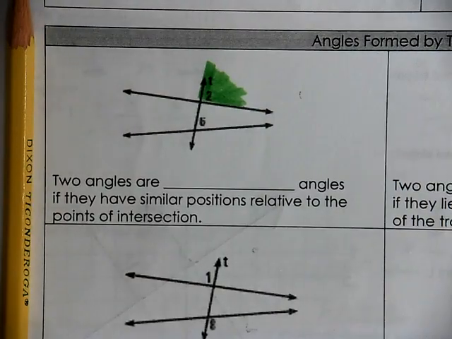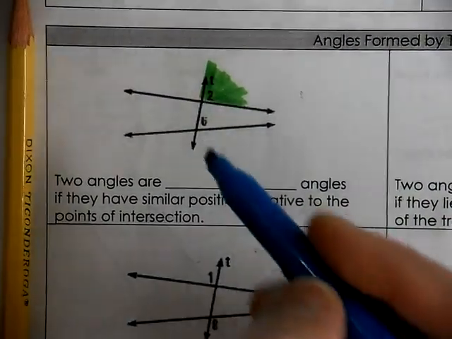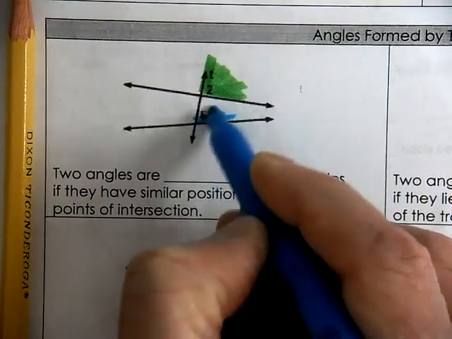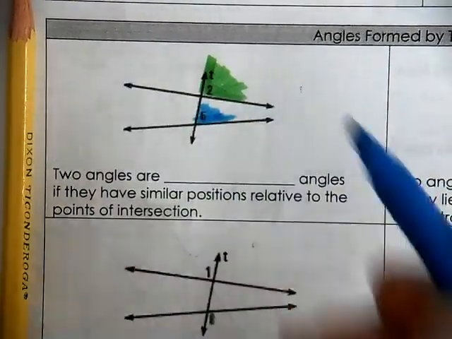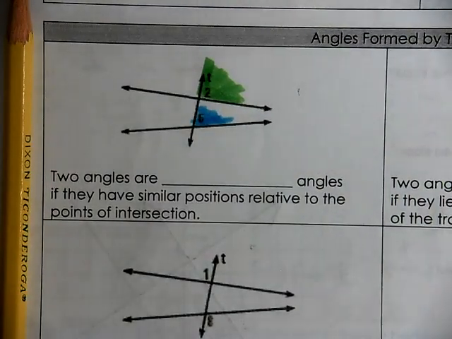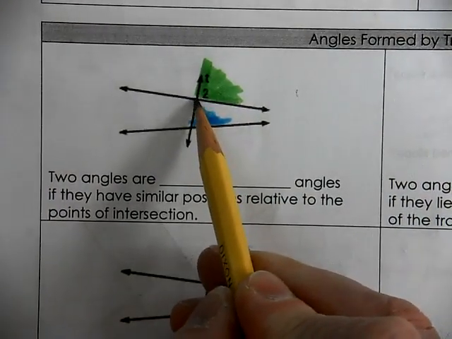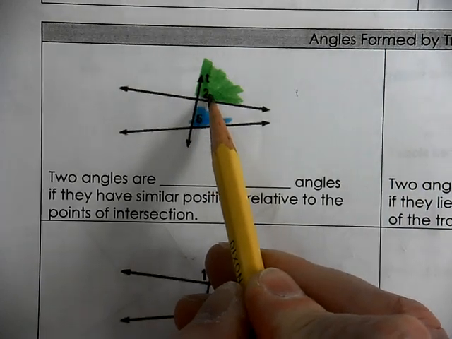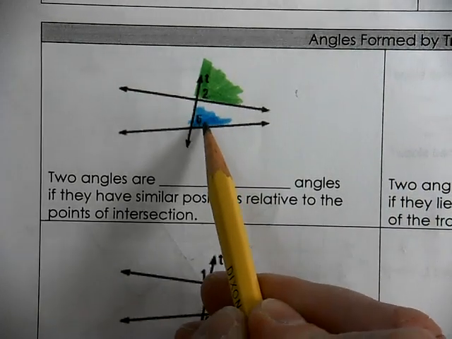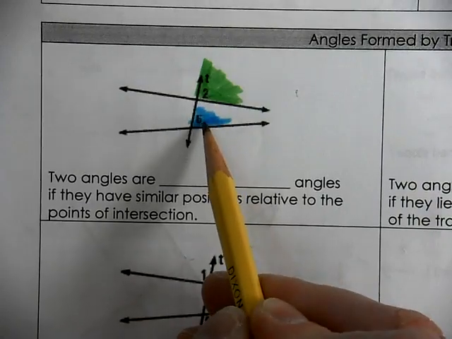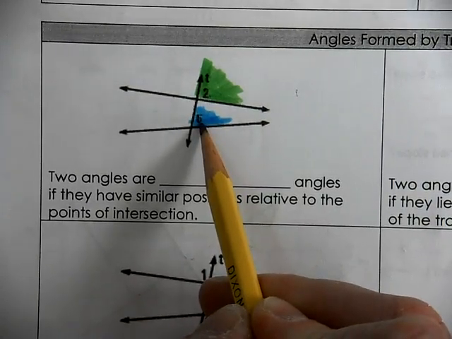And we have this angle on top of this line. If we think about these as like intersections of roads, that building is on the same corresponding corner as this building.